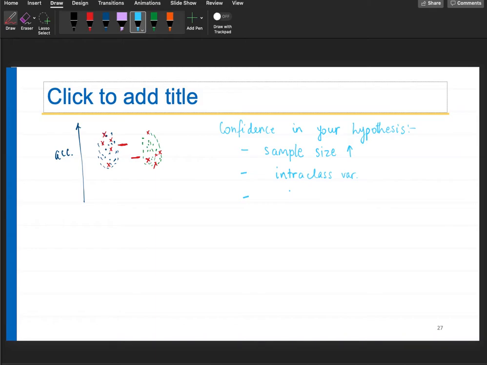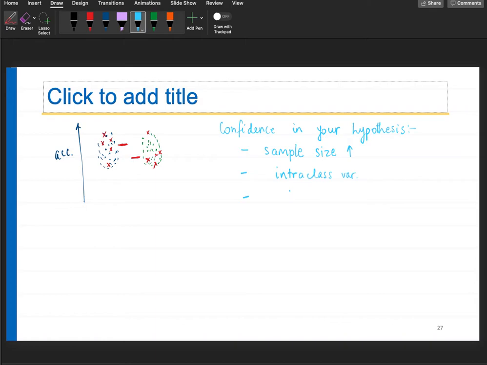But how does that increase your confidence in any hypothesis? Okay, if you take more samples, let's say I take 500 samples, and still I get a difference, then I will be more confident that even though I've taken so many samples, it is still a huge difference, so this must be better.